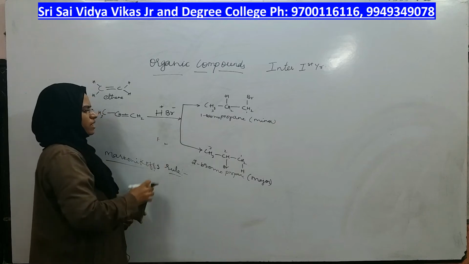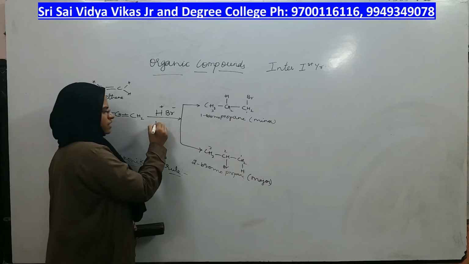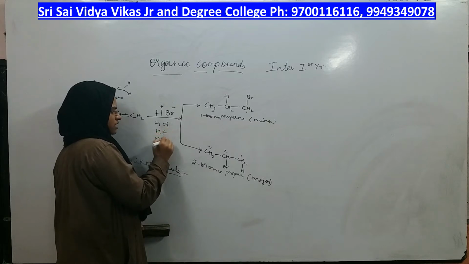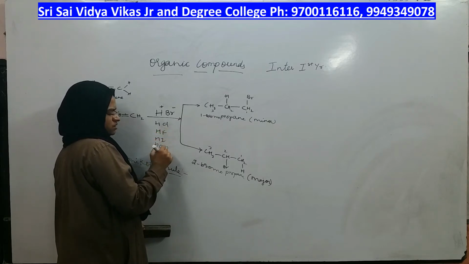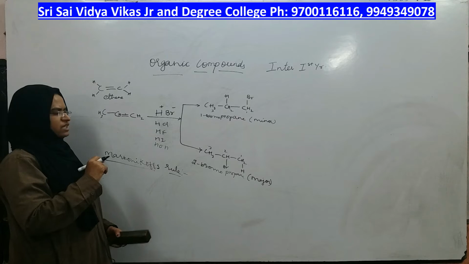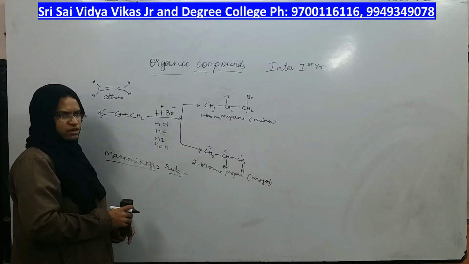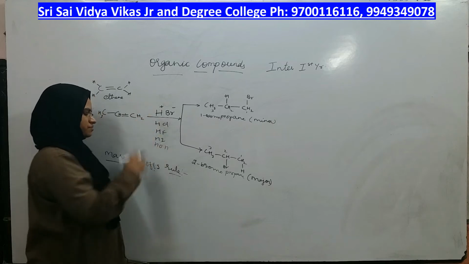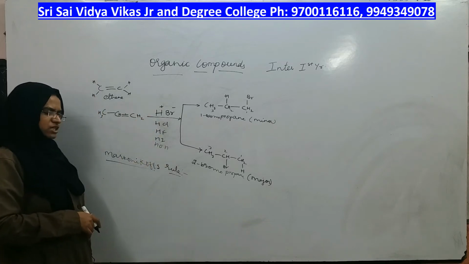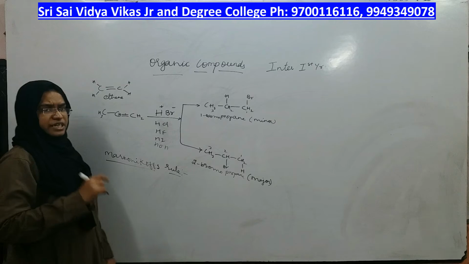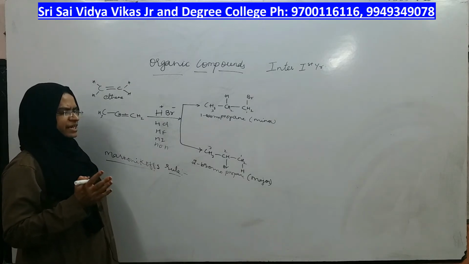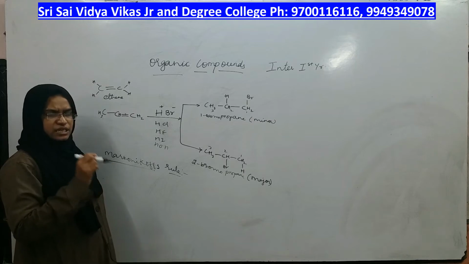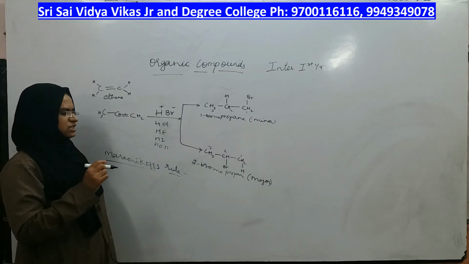Markovnikov's rule is applied whenever HCl, HBr, HF, HI, HOH, such types of reagents are added, because they are not symmetrical, right? Now what is the rule? What does Markovnikov's rule say? The negative part of the addendum attaches to the carbon containing less number of hydrogens, giving the major product.